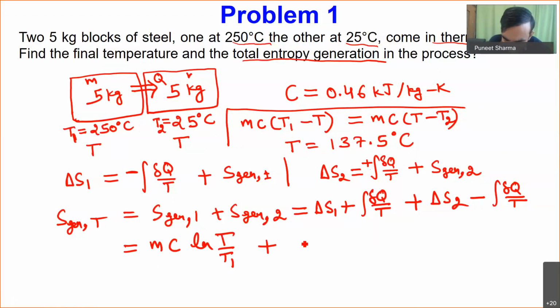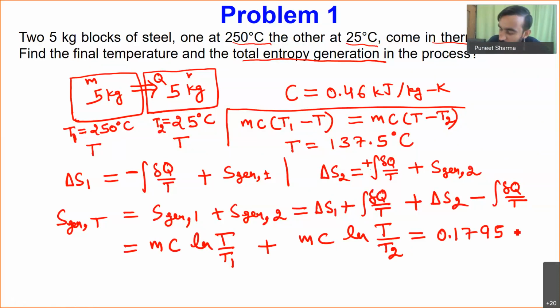Similarly for the second block I will have MC ln T divided by T2. I know all the values. If I substitute, I will finally find my entropy generation as nothing but 0.1795 kilojoule per Kelvin.